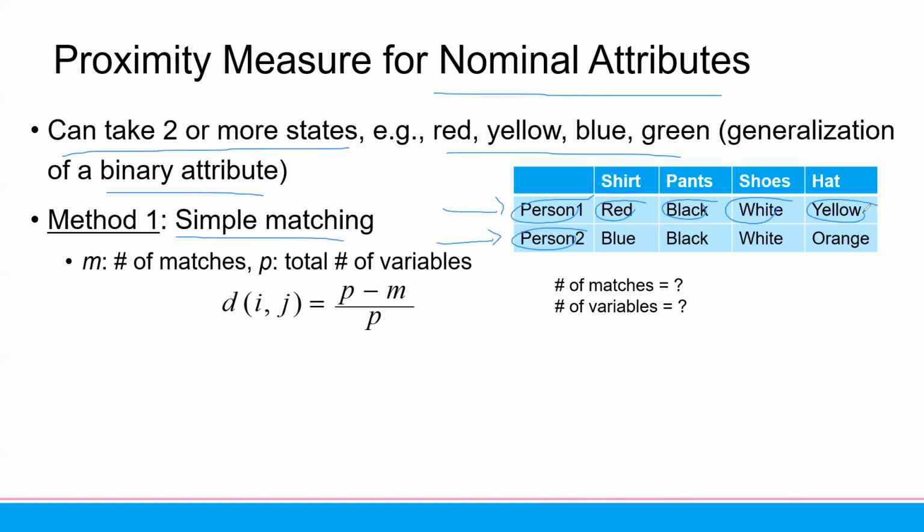But person 2 is wearing a blue shirt, black pants, white shoes, and an orange hat. So if I want to find the simple matching, I need to measure. M is the number of matches and P is the total number of variables. So how many variables do we have here?